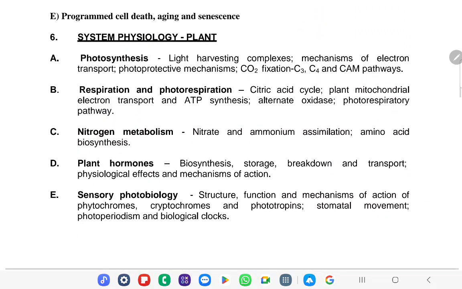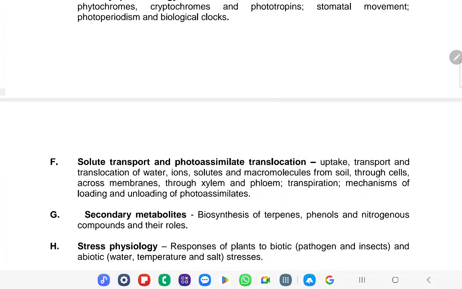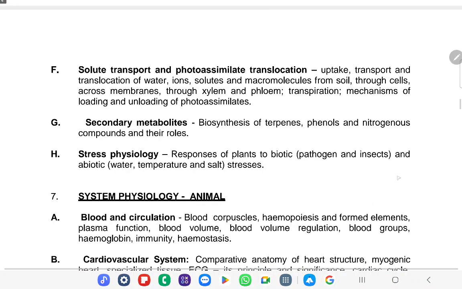The sixth unit consists of system physiology in plants, which is related to photosynthesis, photorespiration and nitrogen metabolism, plant hormones, sensory photobiology, solute transport and photoassimilate translocation, secondary metabolites, and stress physiology.